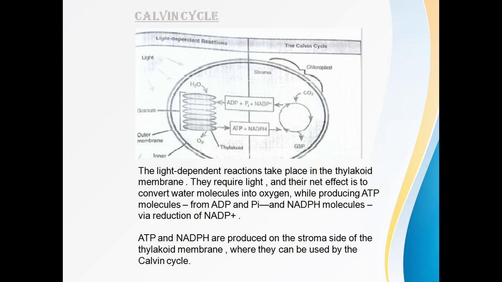This is the Calvin cycle. Photosynthesis occurs in the presence of sunlight. Photosynthesis occurs in leaves.